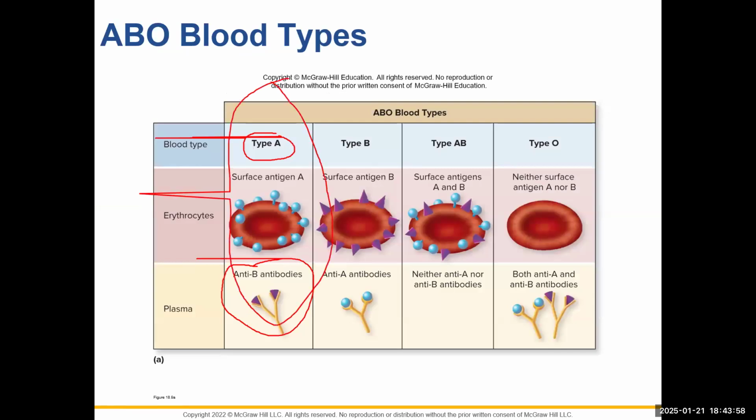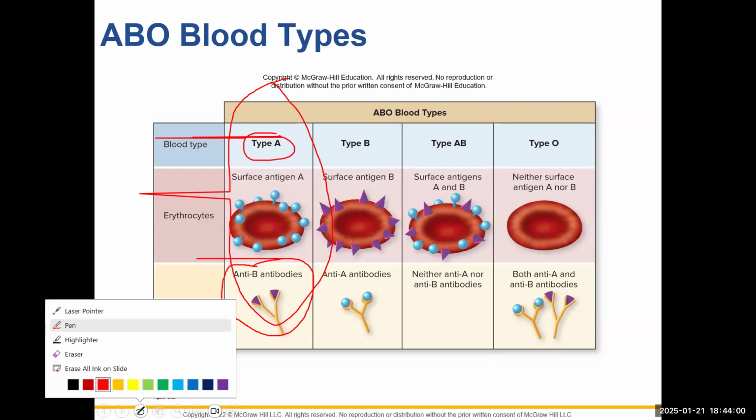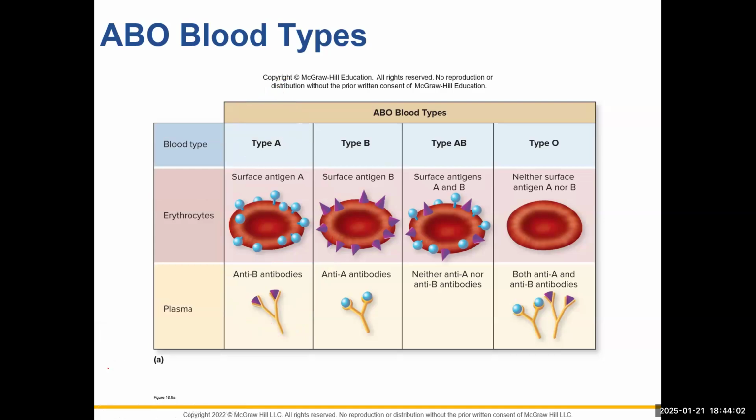Type A blood has the surface antigen A on the red blood cells, but the antibodies are the anti-B antibodies. So they won't react with their own erythrocytes, but guess what? They will react with type B blood, and they will react with type AB blood.